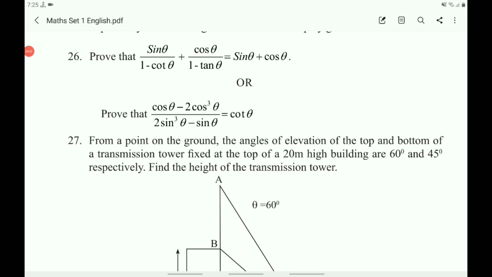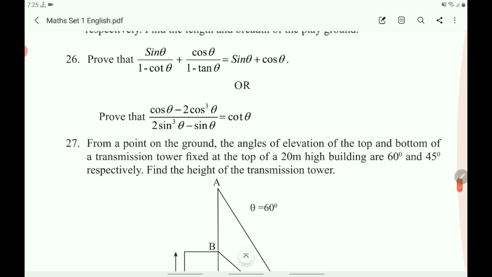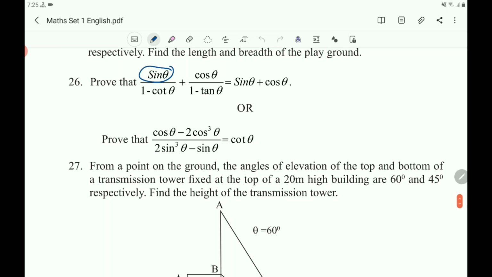Now the 26th question. Prove that sin theta by 1 minus cot theta plus cos theta by 1 minus tan theta equals sin theta plus cos theta, or prove that cos theta minus 2 cos cube theta divided by 2 sin cube theta minus sin theta equals cot theta.